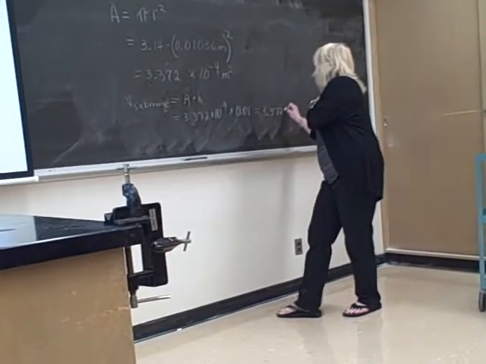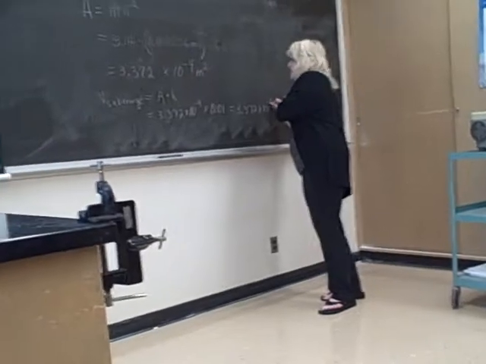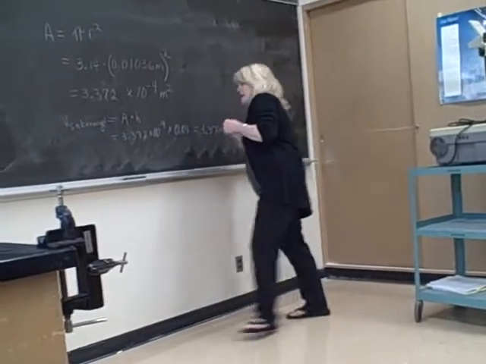Very good. Times 10 to the negative 6. Now, cubic meters. And that's a column in here, submerged volume. So your first submerged volume is 0 because you don't have it submerged at all. And then for the next one, it's going to be 3.372 e negative 6. So times 10 to the negative 6.